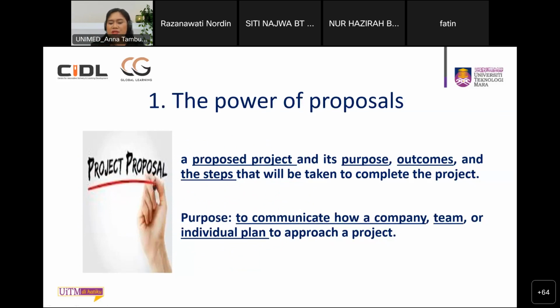Proposals are a powerful tool for initiating change within a company. They allow individuals to present their ideas and garner support from key stakeholders. A well-crafted proposal can lead to increased efficiency, cost savings, and improved outcomes, of course.